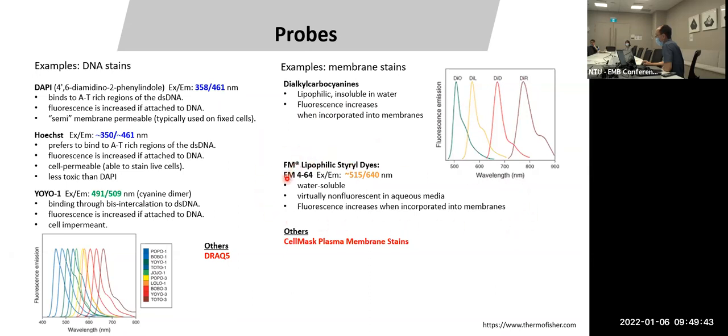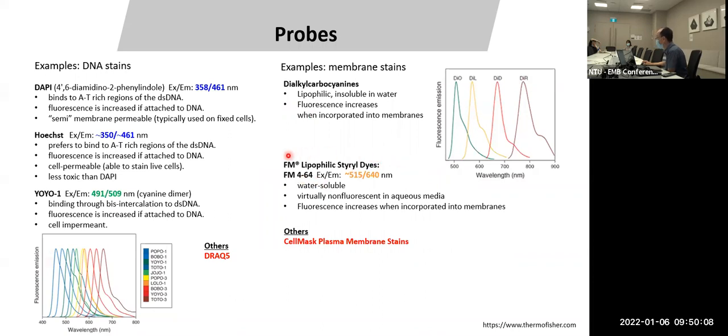The FM dye is kind of my favorite for staining bacterial cells. I work more with bacterial cells than eukaryotic cells, and this FM dye stains my bacteria very, very well. But if you take note, the excitation and the emission are very far apart. This is what I call a long Stokes shift dye.